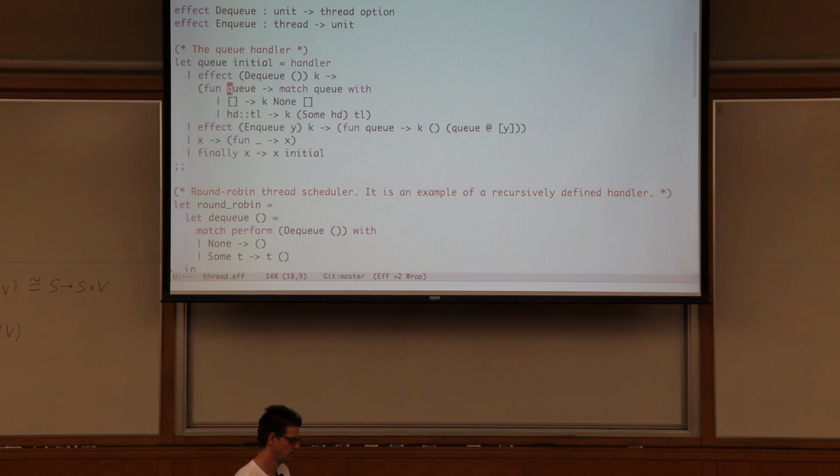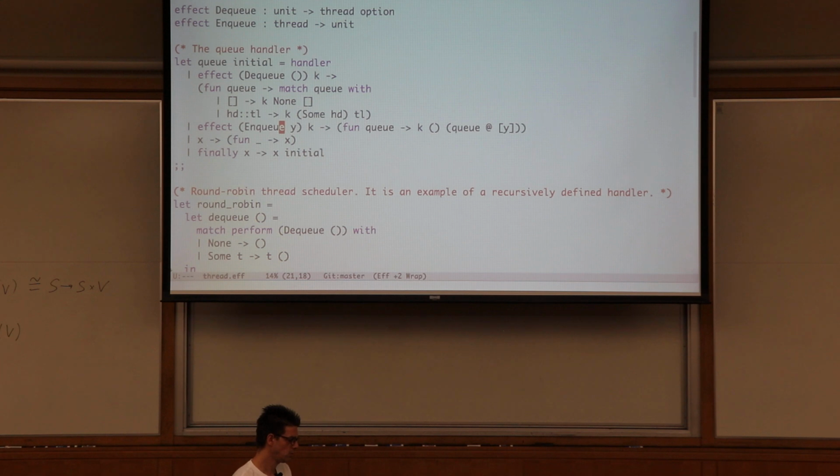Okay, so I look at my queue and I say, if it's empty, then I cannot dequeue. So I tell the continuation, hey, there is nothing to dequeue, and the next state is that this is my queue, it's still empty. If there is a first element of the queue and the tail, then I give k the head, I say, here's the thing that I dequeued, and the state is the rest of the queue.